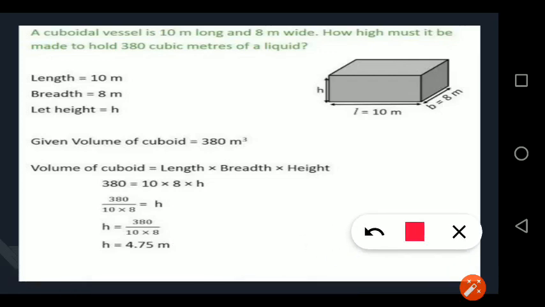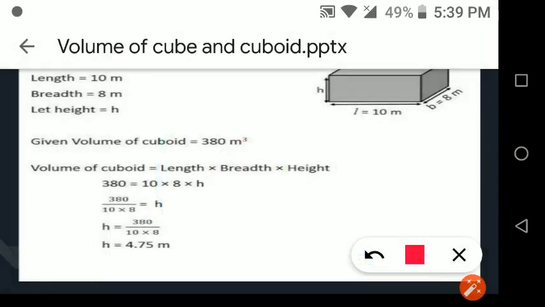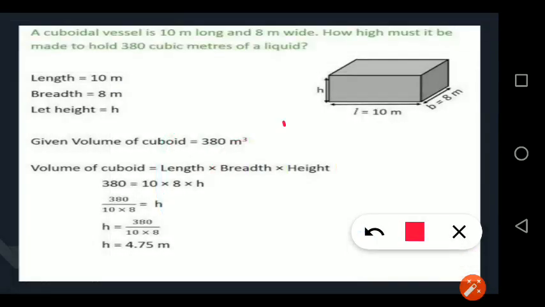Okay, so what we will do, we will shift H on one side and all the constant numbers on one side. So we get H is equal to 380 by 10 into 8. So 0 and 0 will get cancelled.